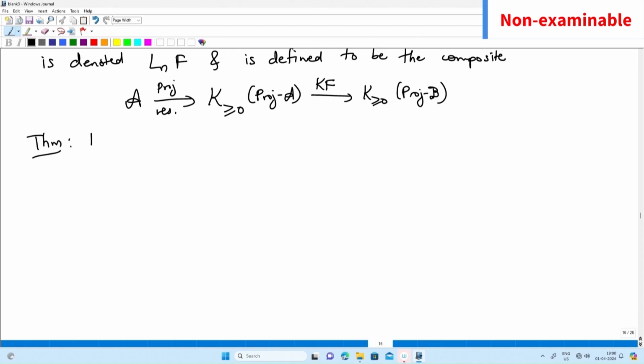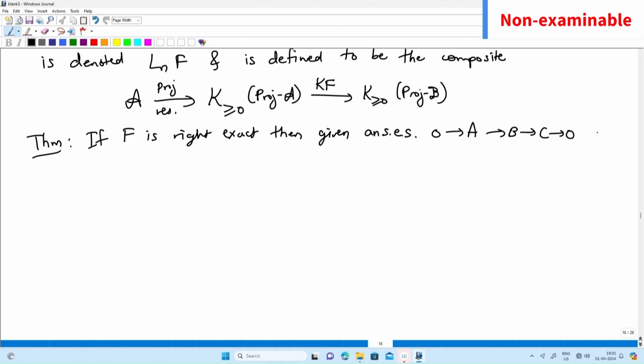Okay, the theorem says that if f is right exact, then given a short exact sequence, an SES 0 A B C 0 in A, there is a long exact sequence which ends at this.